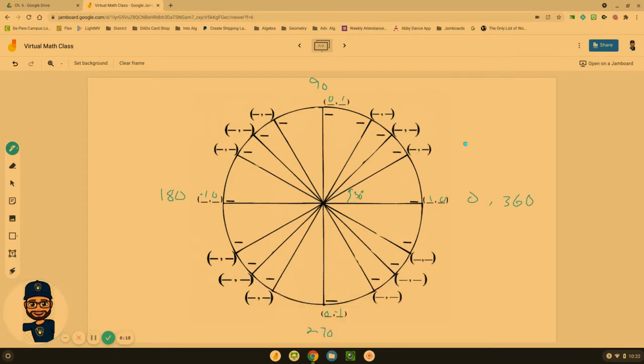Hopefully, and I'm just going to write it over here because there's just a little bit more room, you remember that it's square root 3 over 2, comma 1/2. And that comes from that 30, 60, 90 triangle, right? So this is my cosine of 30. This is my sine of 30.